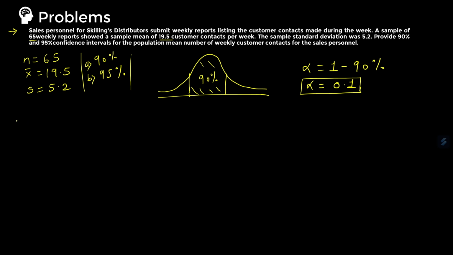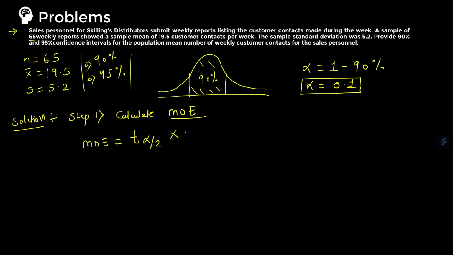Now let us solve the problem. Step 1 is to calculate margin of error. I'm writing in the short form as MOE, margin of error. The formula of margin of error is T alpha by 2 into S divided by root n. Why have we selected T?